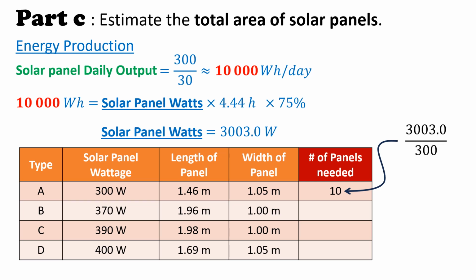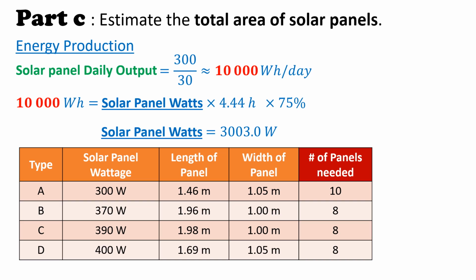Now, it's also reasonable for some students to round up because you could argue that you want to meet the need, so every wattage needs to be accounted for. But in my case, I think just rounding off to the nearest integer would do. So we can do the same calculation for type B, C, and D as well. These would be the respective panels needed for each type of solar panel.